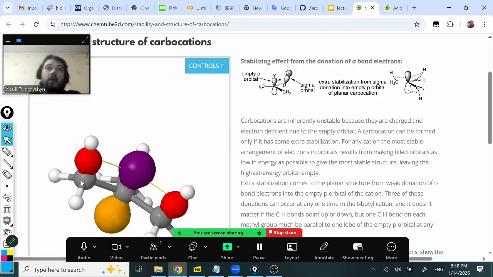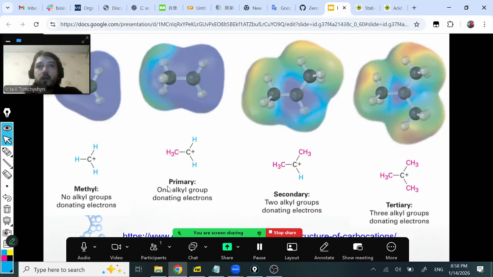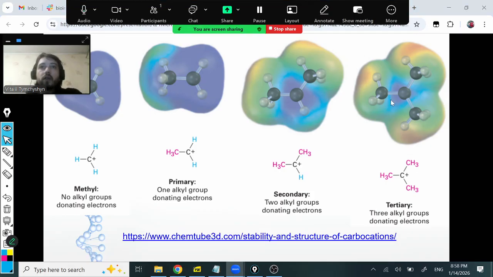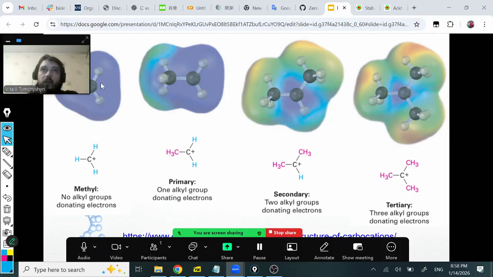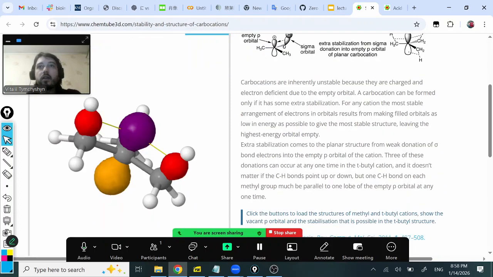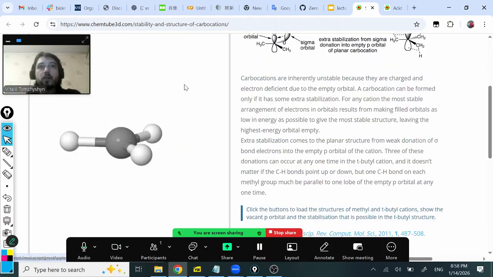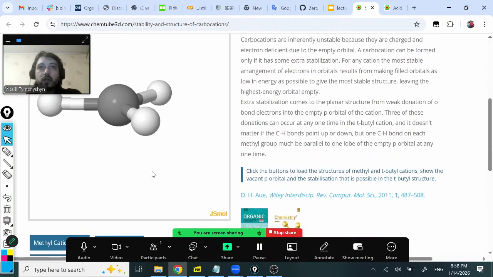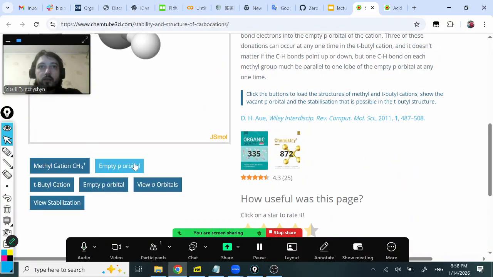If we have something else attached to the carbon atom, it still can be used to stabilize what we have here. While in the case of the methyl group, you don't have these sigma bonds oriented along the p orbital, and you cannot do that.